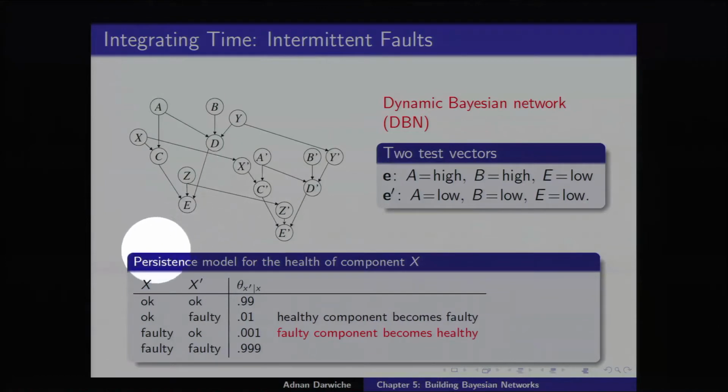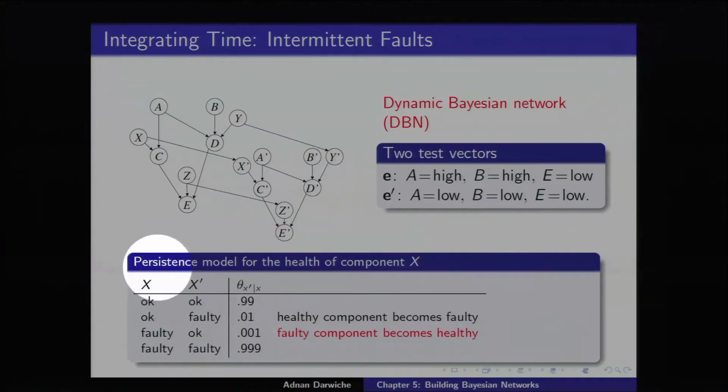They look like this. They're called persistence models because they're effectively telling us, look at this guy here. What is the probability that the X component would remain okay during the second test? Or this guy, what is the probability that it will flip from being okay to being faulty? And this is flipping from faulty to okay and so on, right?